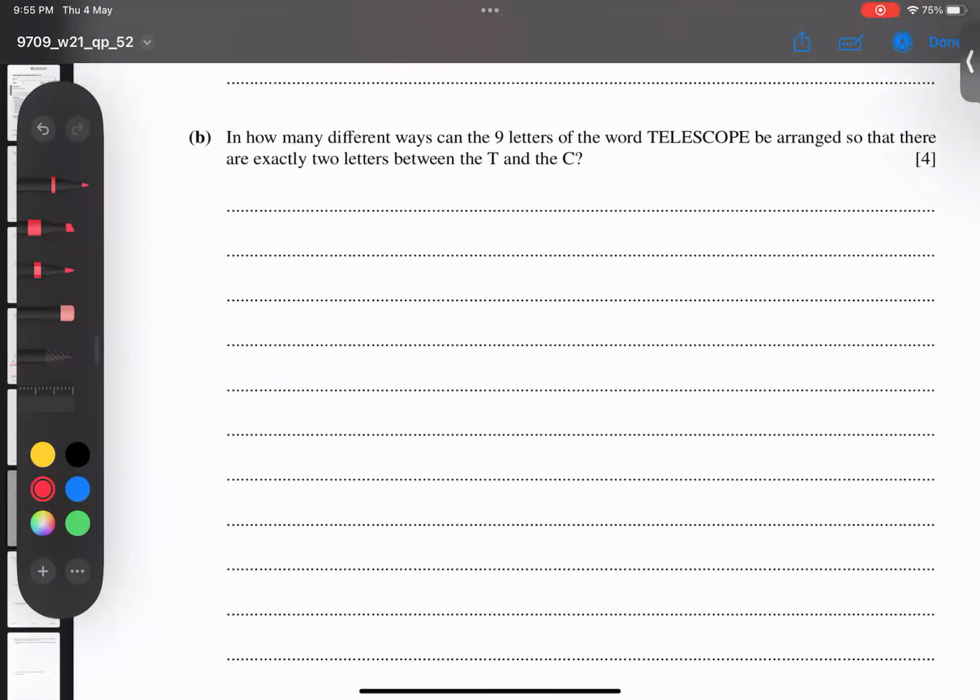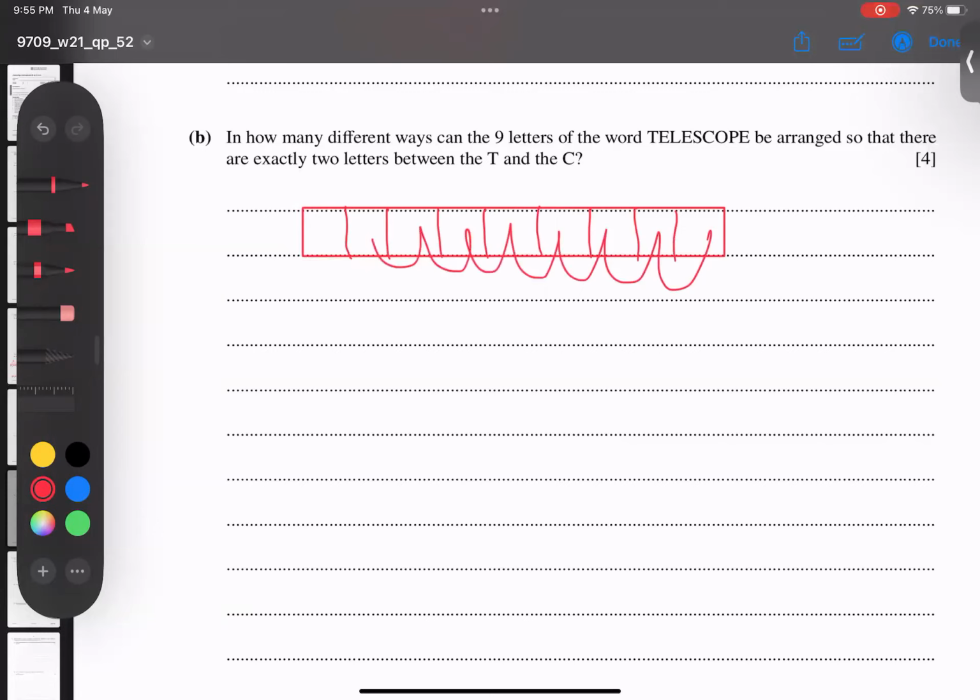In how many different ways can the 9 letters of the word telescope be arranged so that there are exactly 2 letters between T and C? There are exactly 2 letters between T and C. So I show you the idea of what he's saying. 1, 2, 3, 4, 5, 6, 7, 8, 9.